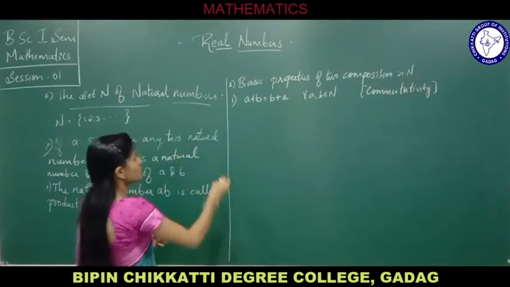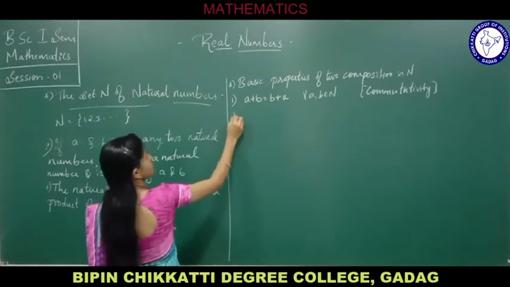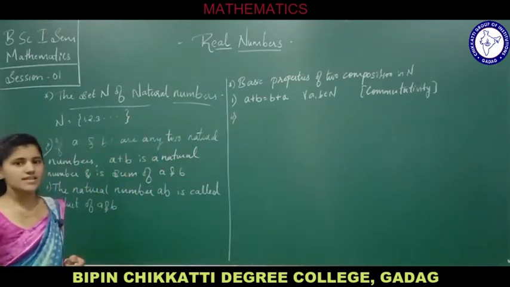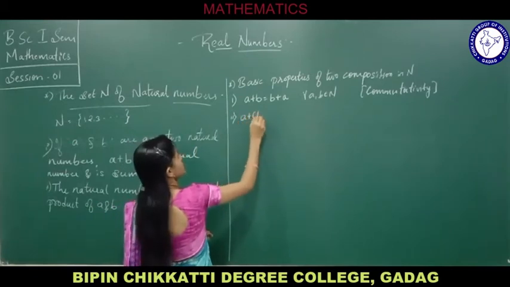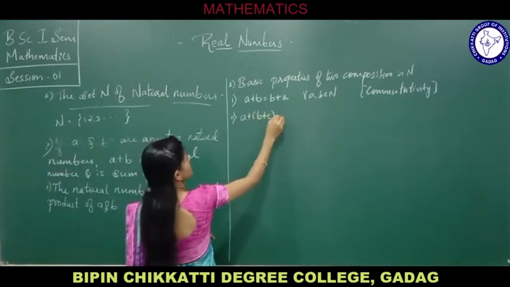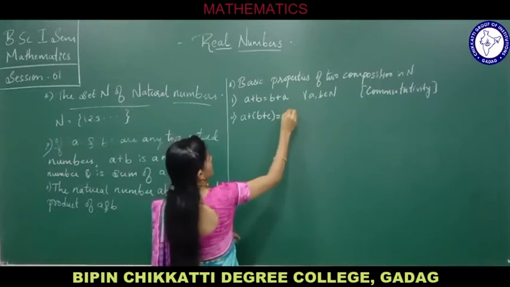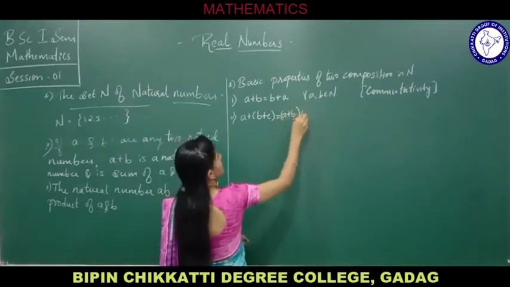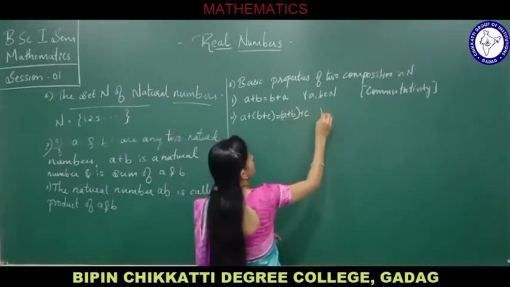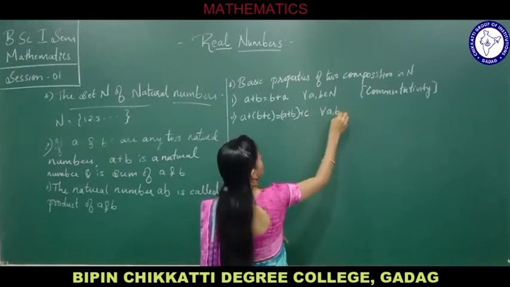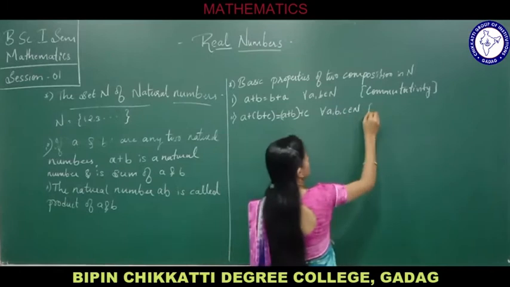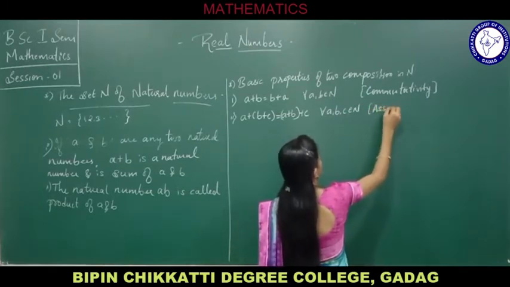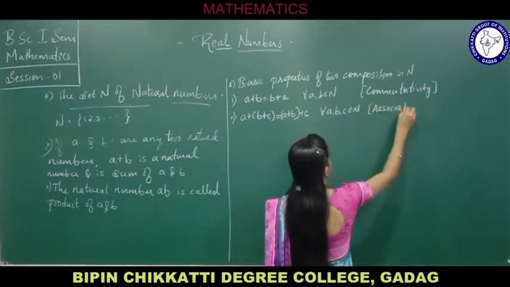Next, we are going to study the associative property. What is the associative property? A plus (B plus C) will be equal to (A plus B) plus C for all A, B, C belonging to N. This is called associativity.